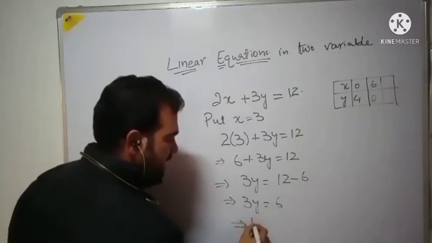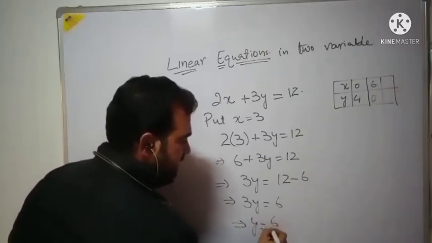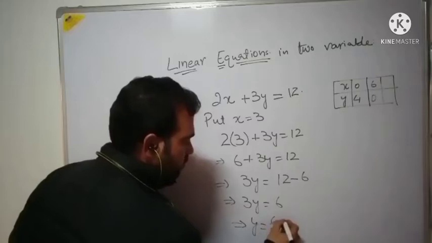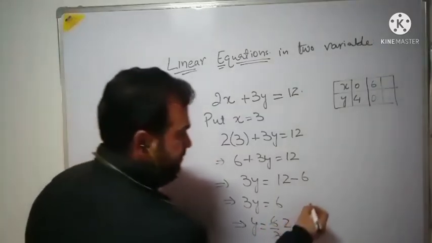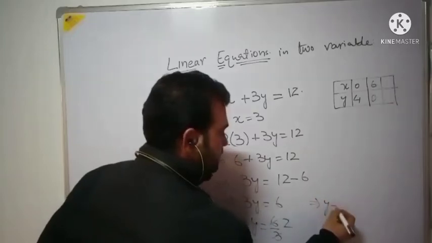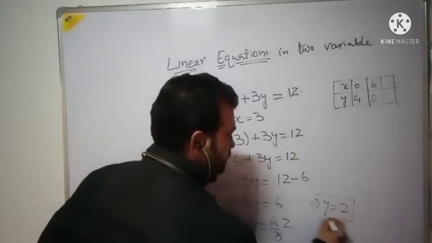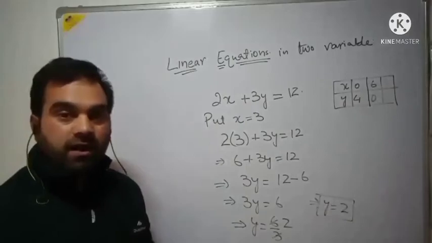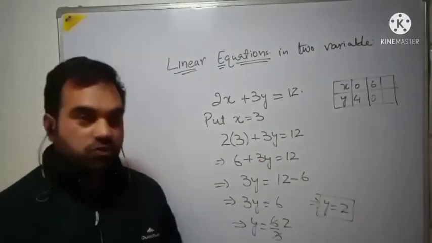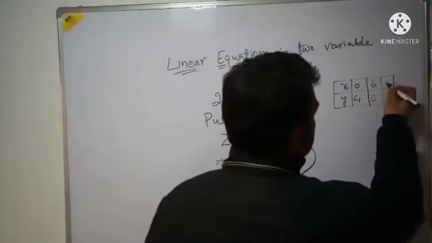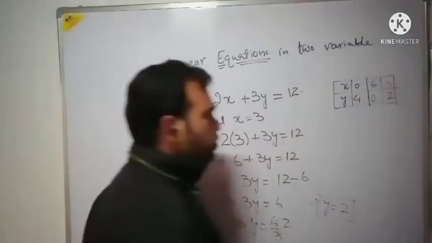This further implies y = 6 by 3, so y = 2. So for x = 3, we get y = 2.